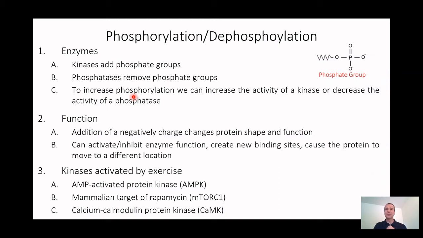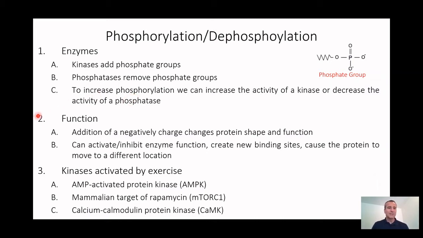Just like I told you before, if you want to make your bank account bigger, you can either bring in more income or you can decrease the amount that you spend. If your income stays the same and I decrease the amount that I spend, my bank account gets bigger. Same thing happens here with phosphorylation. If I keep the activity of the kinase the same and I decrease the activity of the phosphatase, I get more phosphorylation, and we're going to see that potentially down the road.